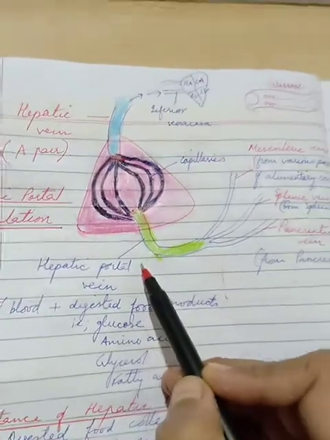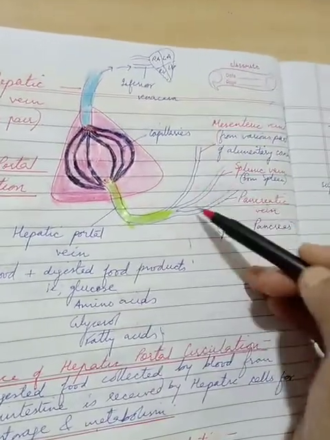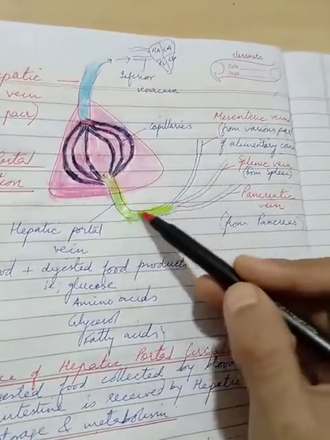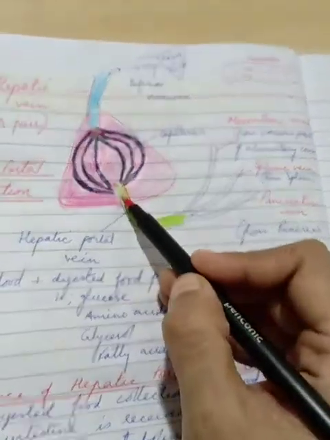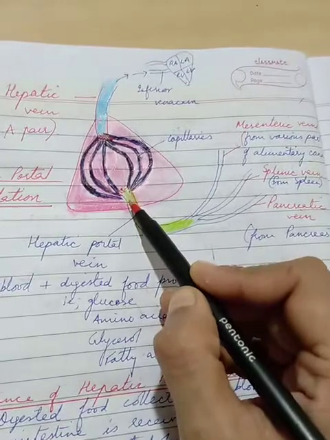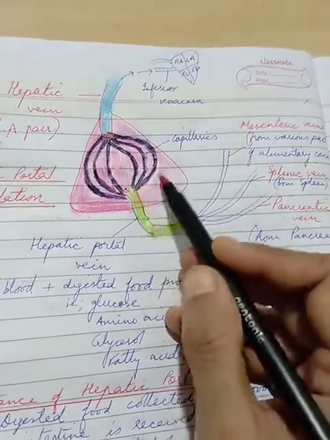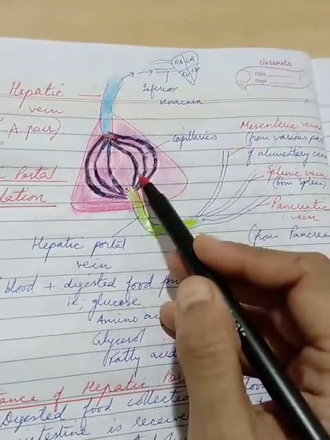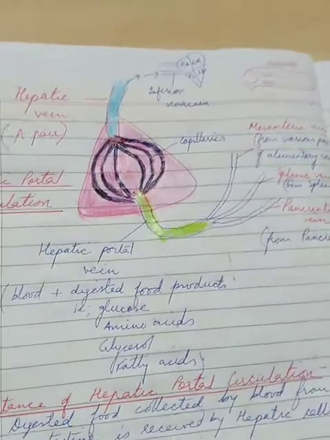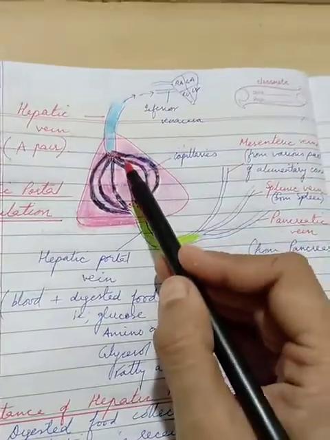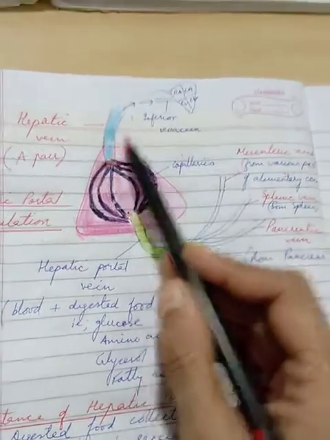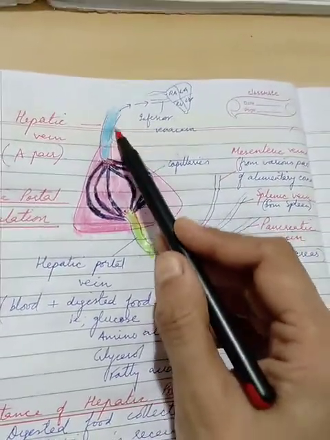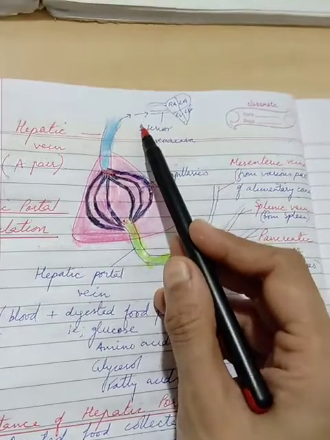So the hepatic portal vein is bringing all the different types of blood joined into one from the mesenteric, splenic and pancreatic veins. Then it entered the liver as the hepatic portal vein, broke into capillaries, supplied blood to various hepatic cells. Again it joined back into what you call a pair of hepatic veins. Now these open into the upper part of the inferior vena cava.